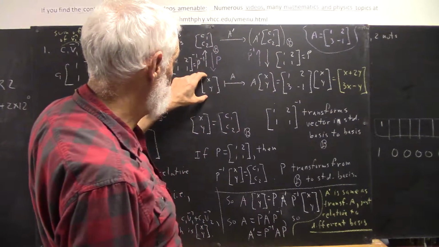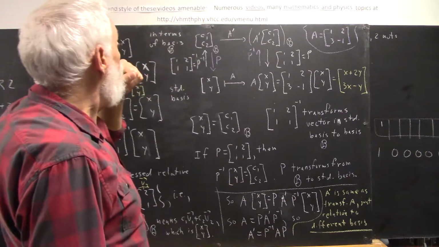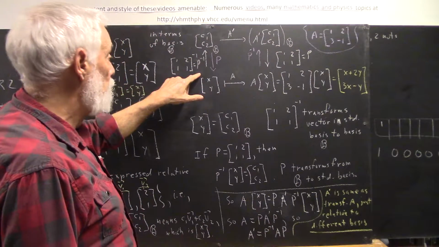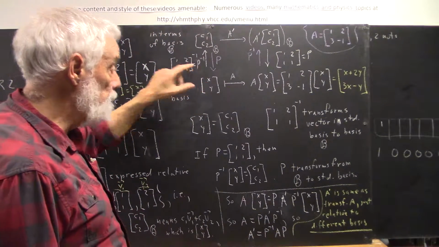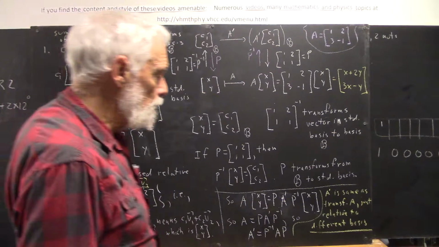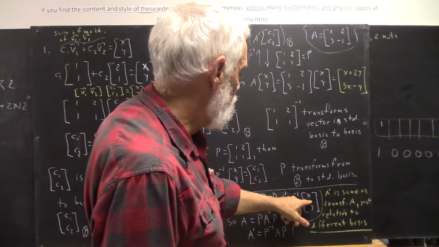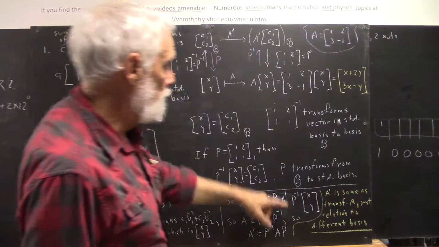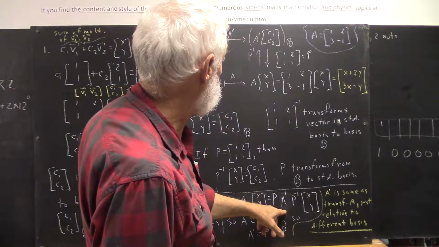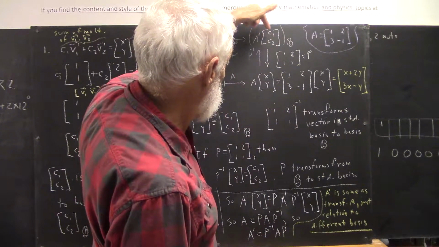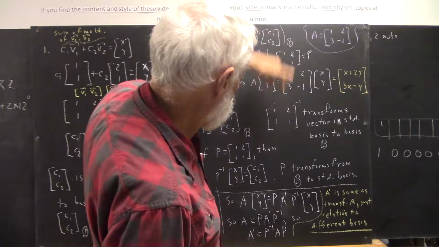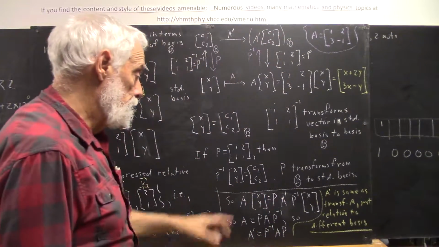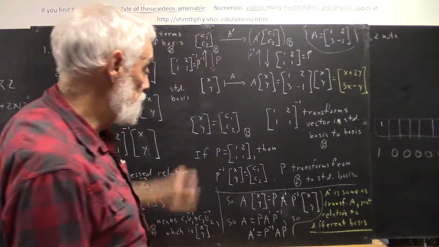Now how do we do that? We start with xy to go up here, we apply P inverse. So the first thing that happens to xy is P inverse. Then we have the matrix A prime, and then we bring it back down here using the matrix P. So this equation just says what the picture says.